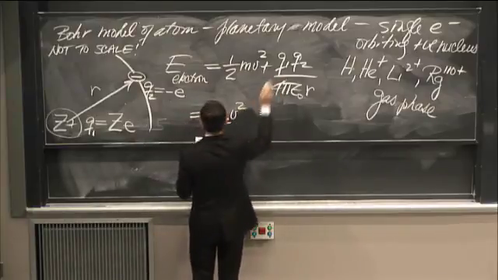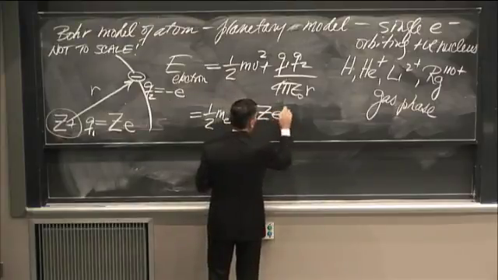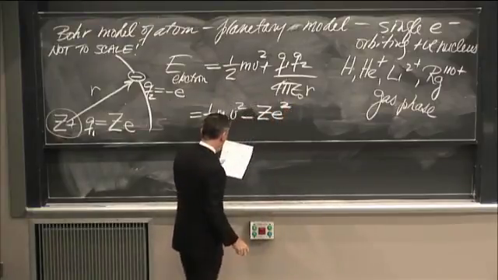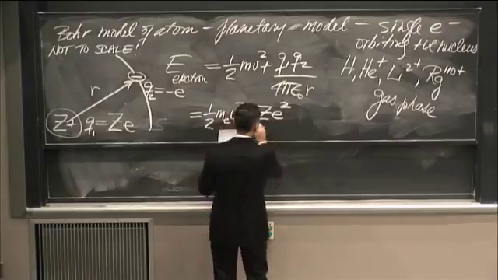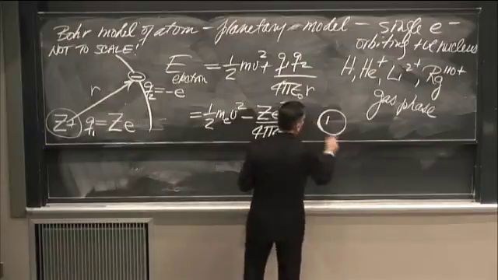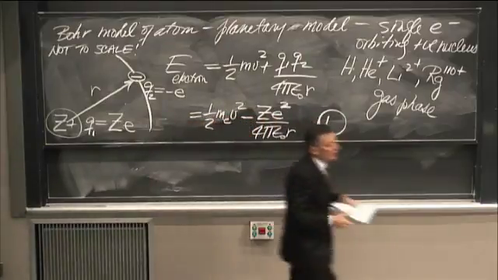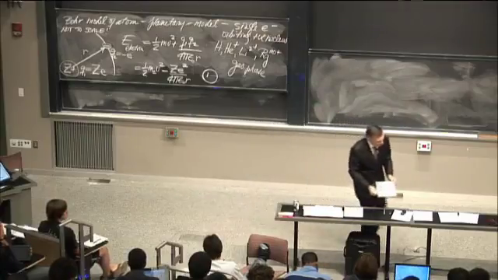Now Q1 is ZE and Q2 is minus E, so that's minus Z E squared, over 4 pi epsilon 0 R. I'm going to call this equation 1.